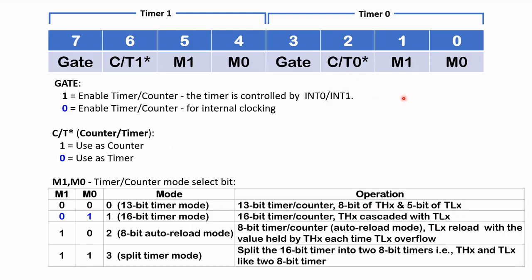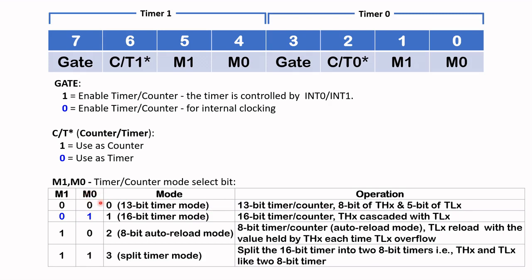because we want to use it as a timer. Now, as mentioned earlier, we need to set the mode of operation. So these 2 bits here, M0 and M1, let's refer to this table here. If M0 is a 0 and M1 is a 0, it operates in mode 0. That is a 13-bit timer mode.